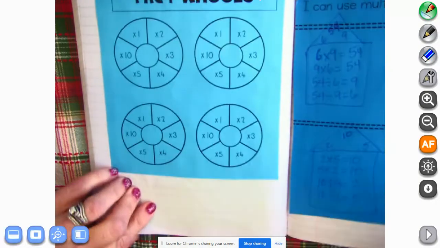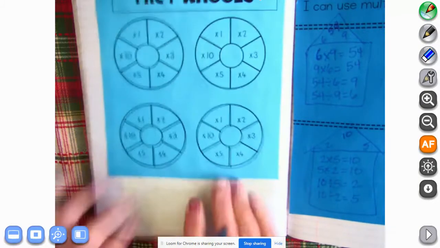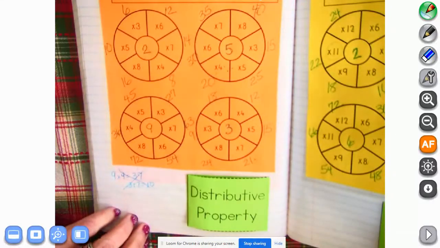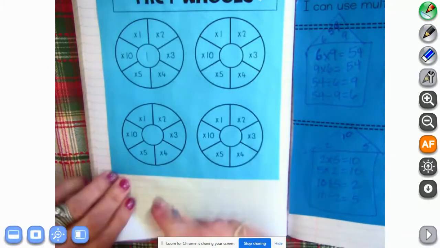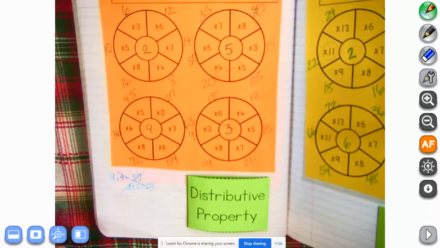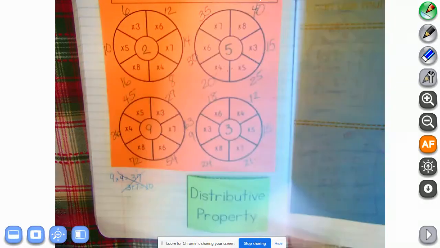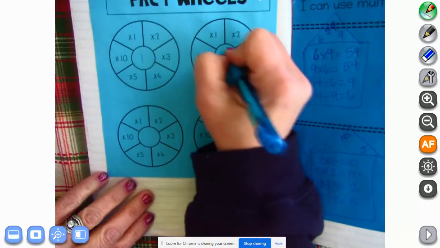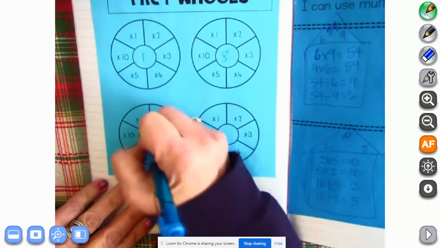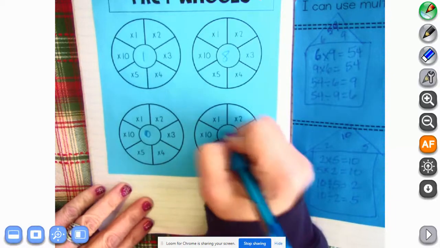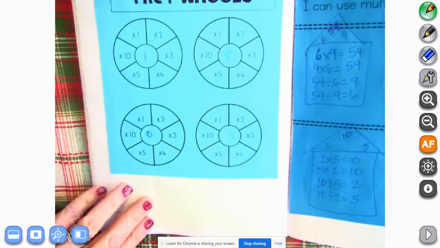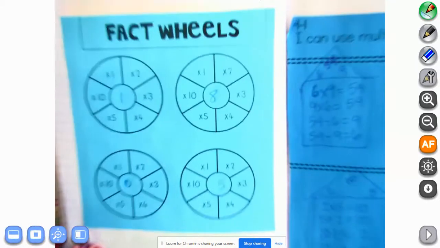Let's see if I did, let's do 1, and we did a 2, 3, 4, 5, 6, 7, and 9. Let's do an 8, a 0, and a 5.